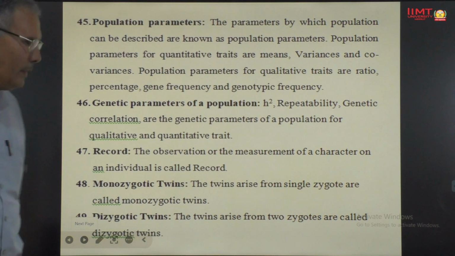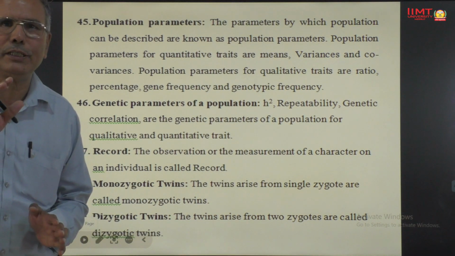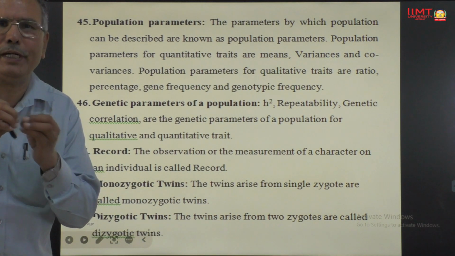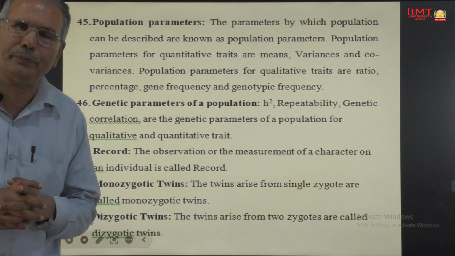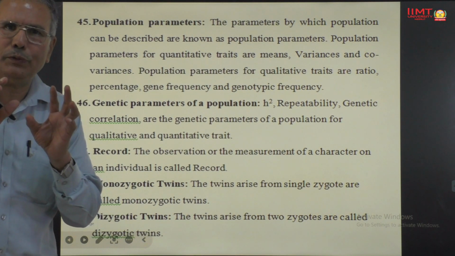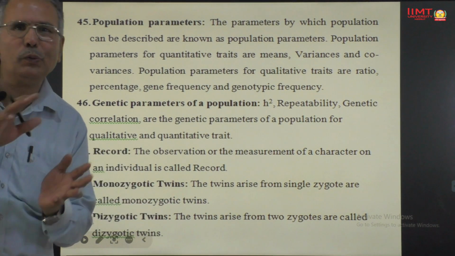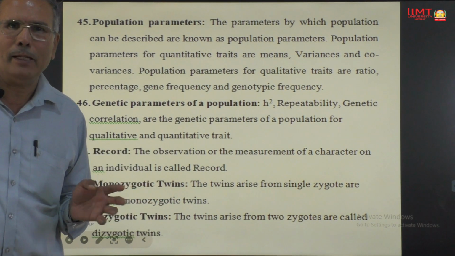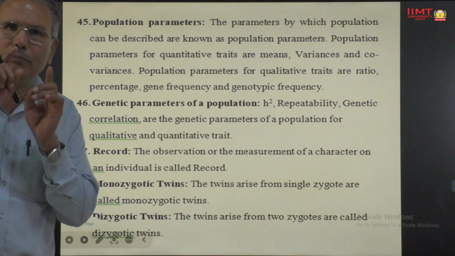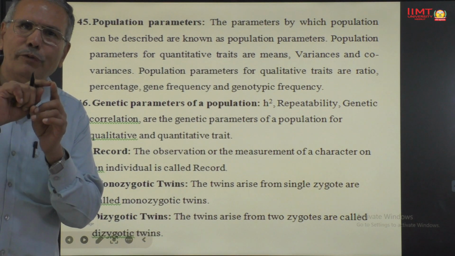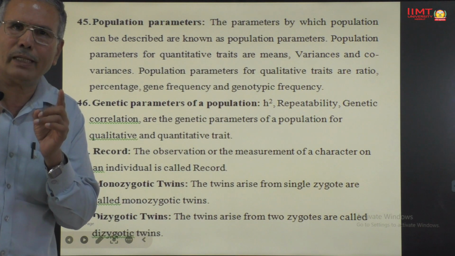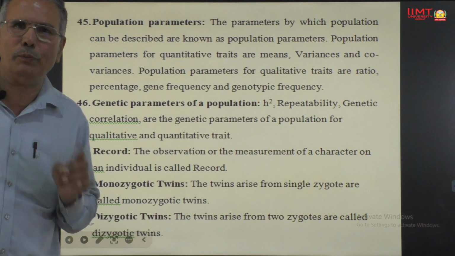Dizygotic twins. The twins that arise from two different zygotes are known as dizygotic twins. Dizygotic twins are similar to full sibs. Both dizygotic twins may be one male and one female, or both male or both female.